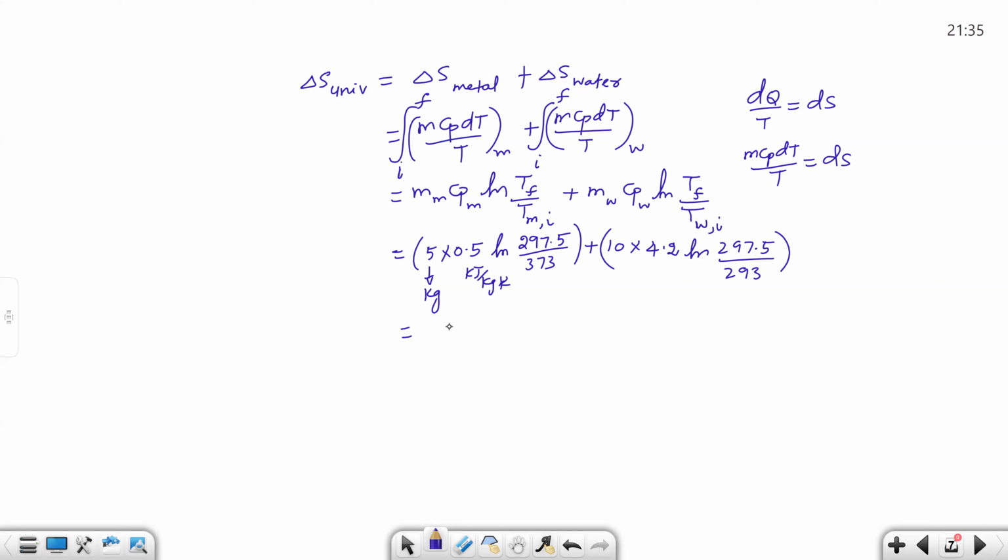This is minus 0.565 plus 0.64. See, entropy change of the universe will always be positive.